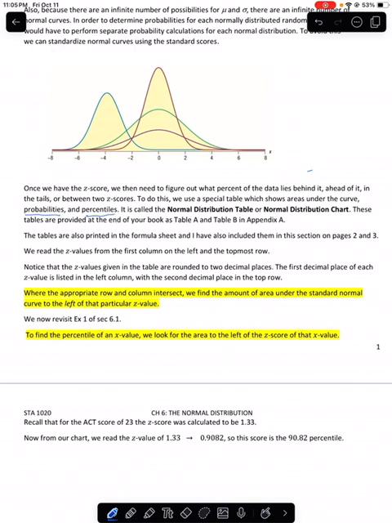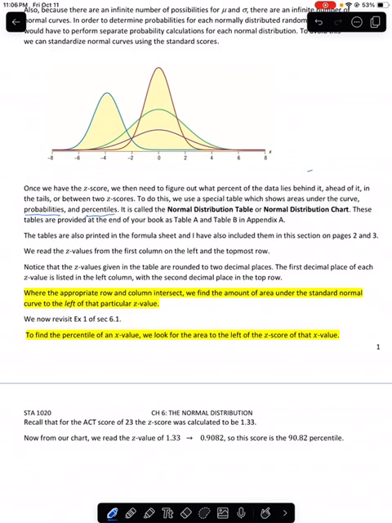This table is called the normal distribution table, or normal distribution chart. Actually, standard normal distribution. So we are using the standard normal distribution chart to evaluate whatever is required for a general distribution.